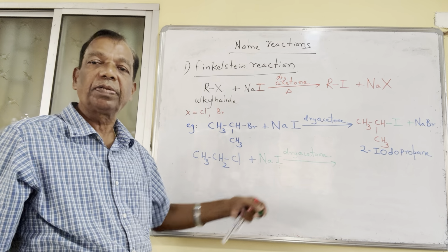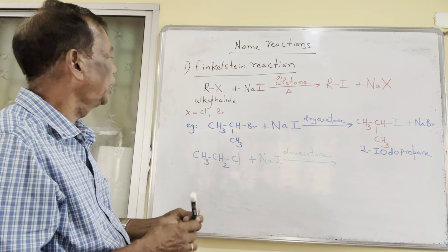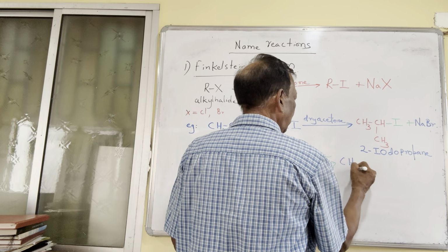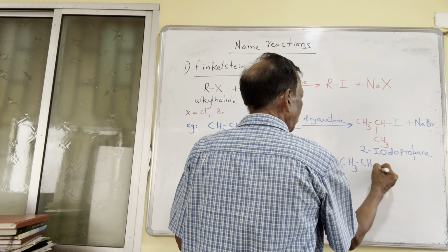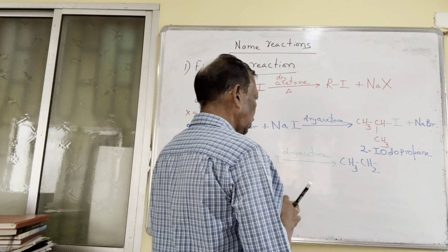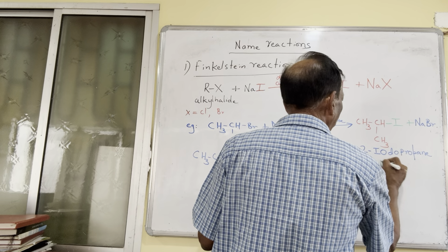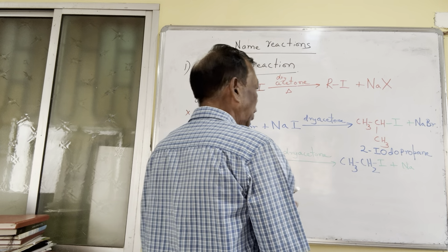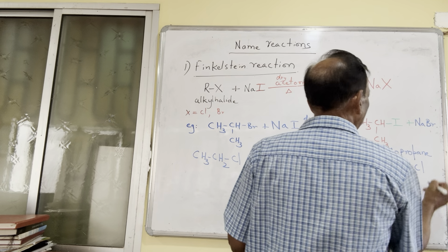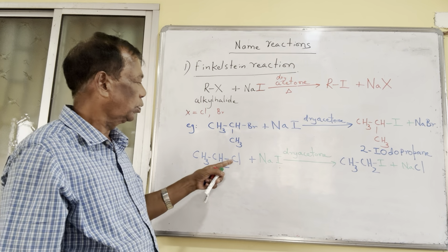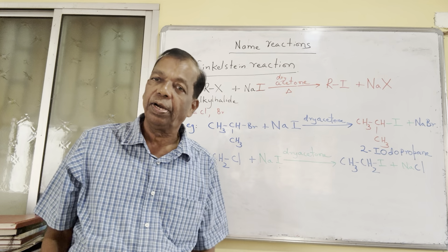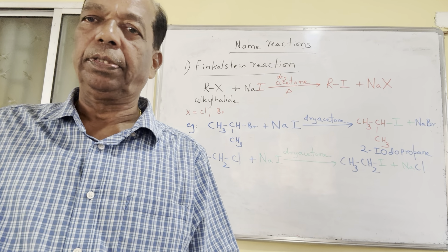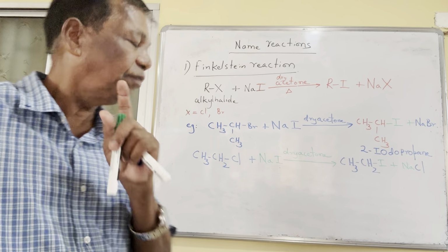This chlorine will be replaced by I, and therefore the new compound that will be formed is CH3CH2I plus NaCl. So this will be the new compound that will form. So chlorine will be replaced by iodine, and this is what is called Finkelstein reaction. Remember very well.